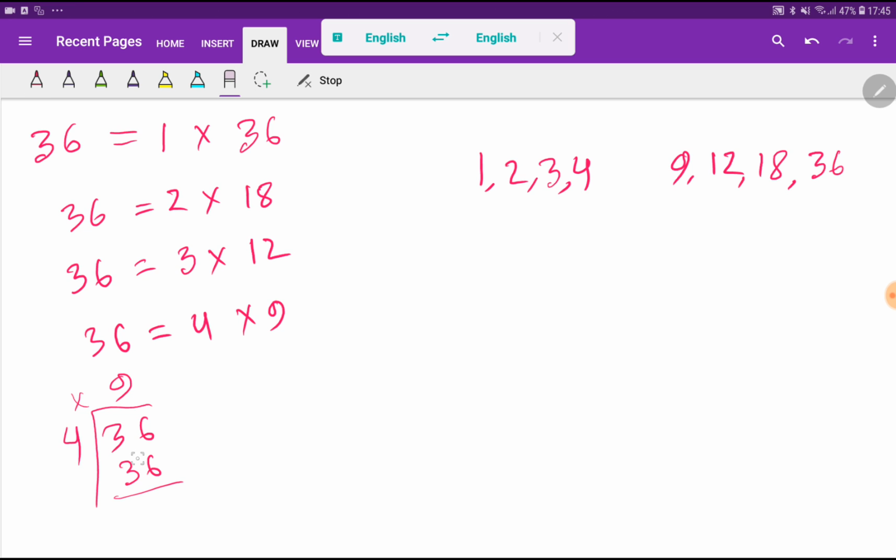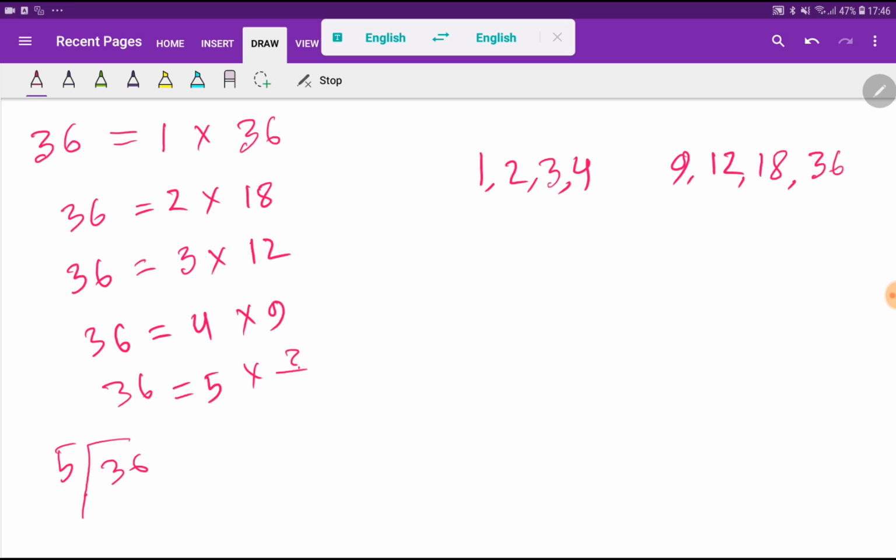Then I will check for 5, right? If I check for 5, then what will come here? Is 36 divisible by 5? Let me check.